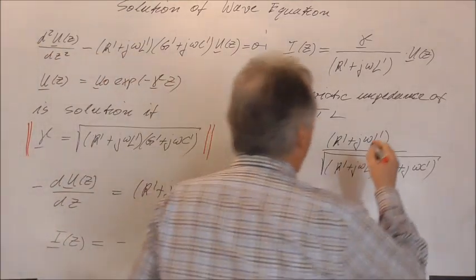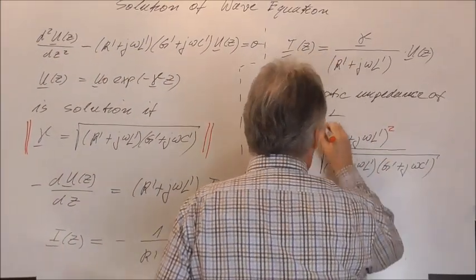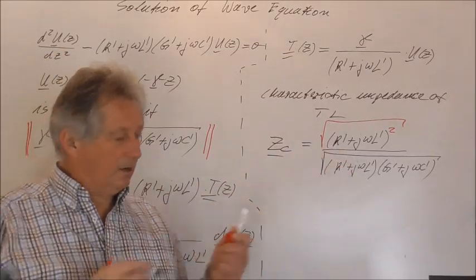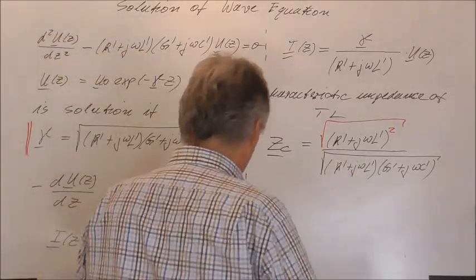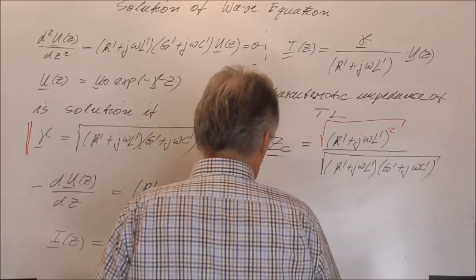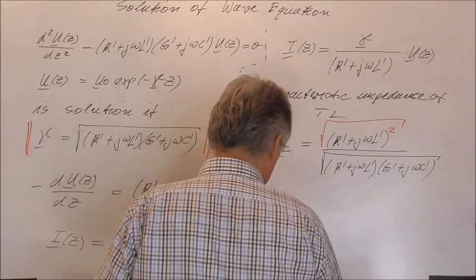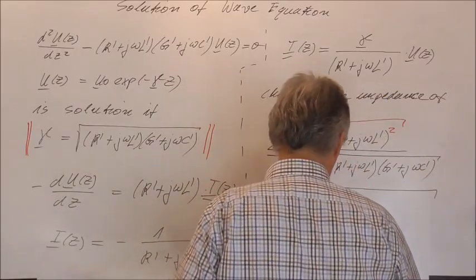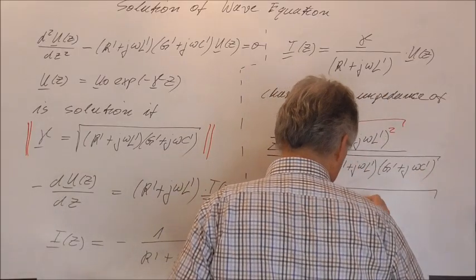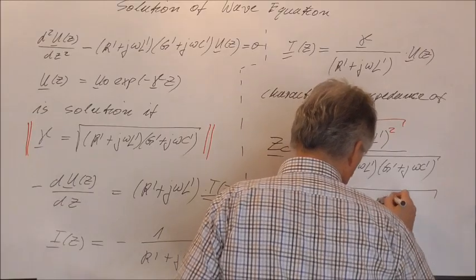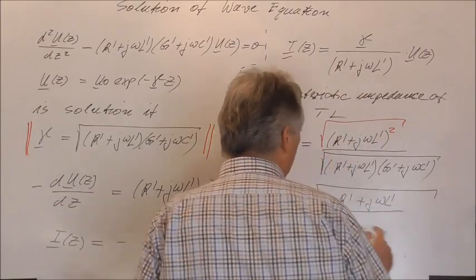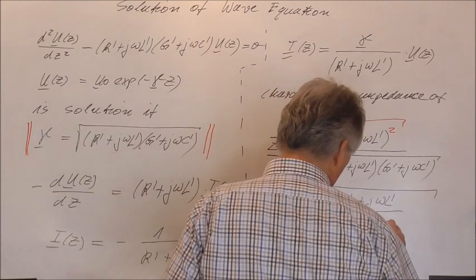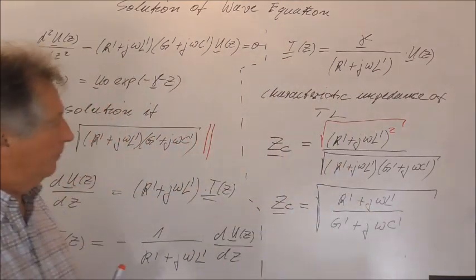Here we can write this as the square root of gamma squared, then this term will cancel, and we can rewrite the equation for the characteristic impedance ZC to be the square root of (R' + jωL') divided by (G' + jωC').